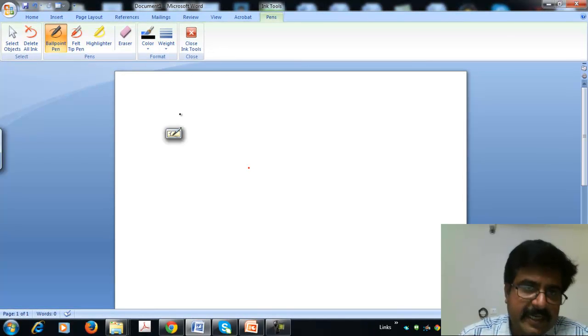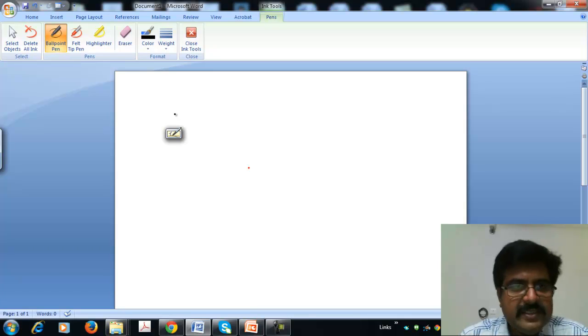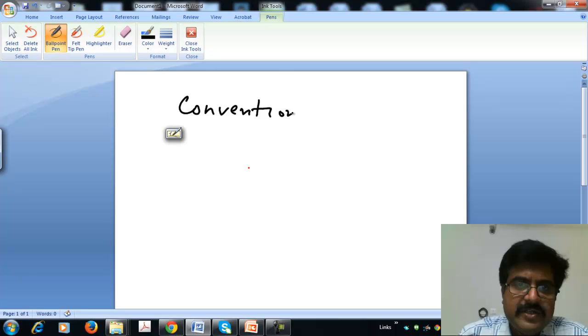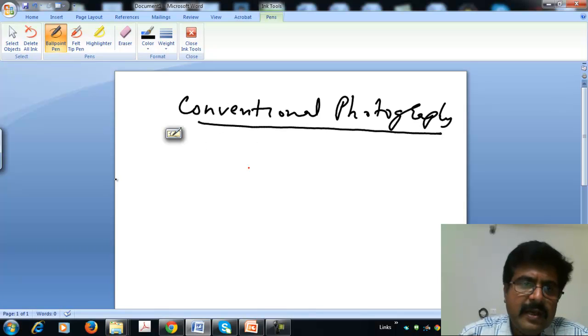Now let us see how an image is captured in conventional photography. Consider an object, a three-dimensional object.